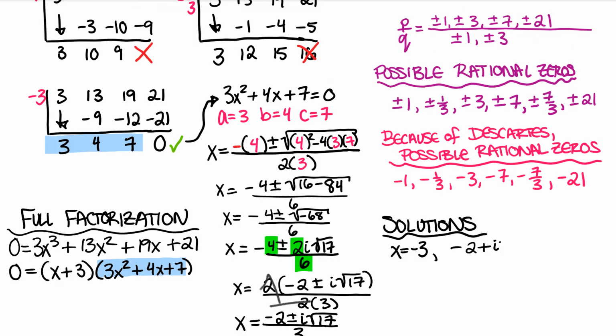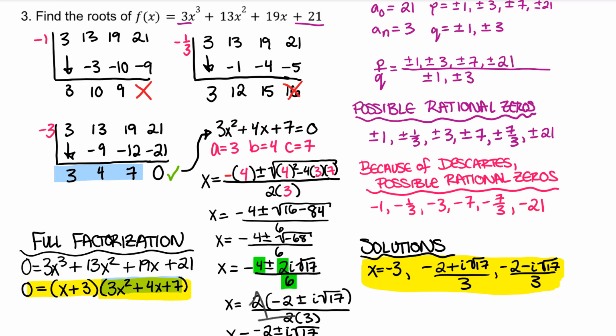So our other solutions are -2 plus i root 17 over 3 and -2 minus i root 17 over 3. Because we could not factor this quadratic equation, this is the full factorization of f of x.